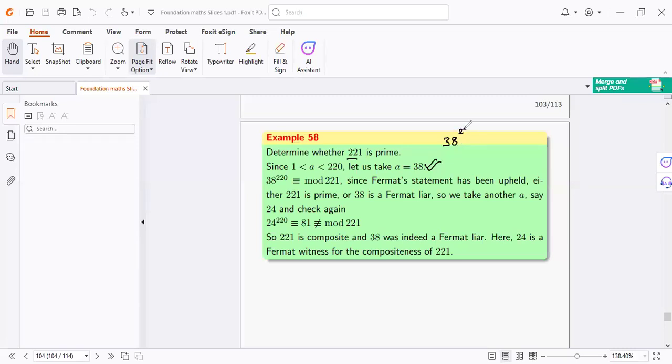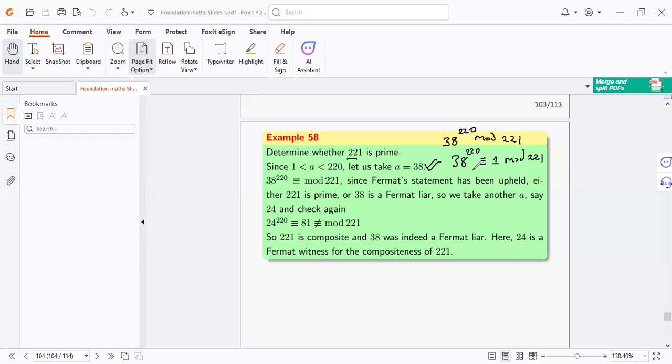P minus 1 is 220. So I want to find 38 raised to 220 mod 221. When I did that, using the fast powering algorithm, it gave me 1 mod 221. So this does not confirm that 221 is prime.